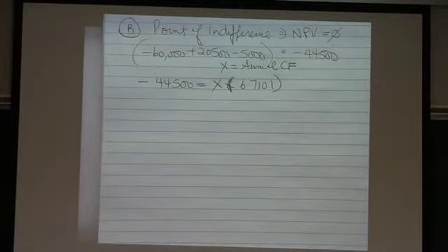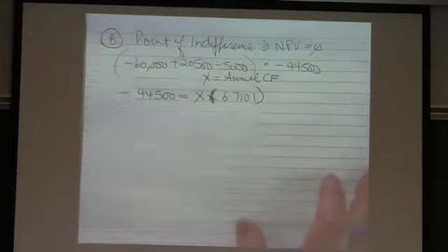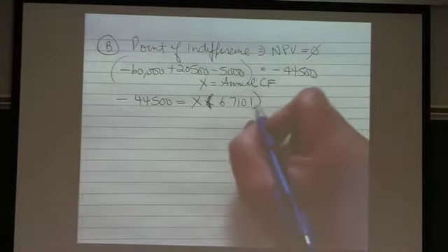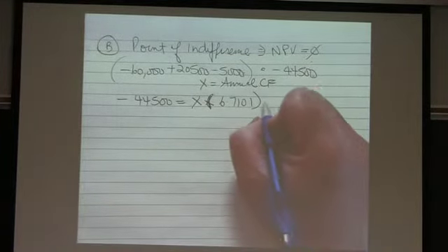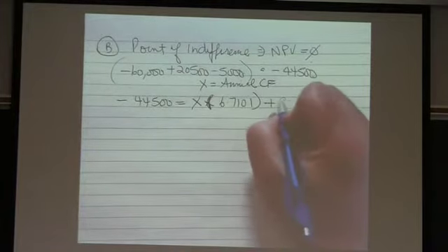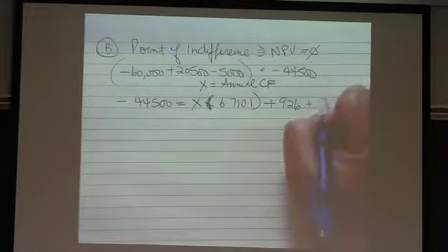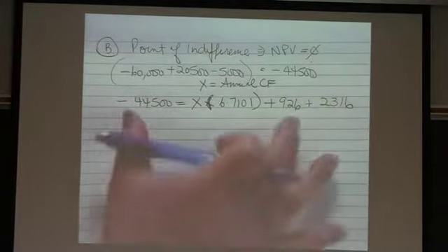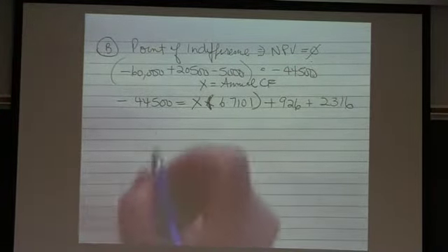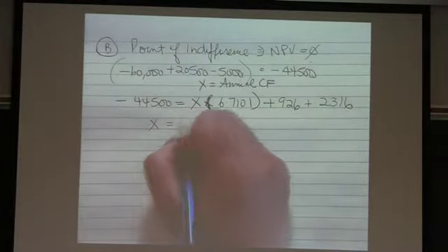All we want is to know the flexibility, how much the annual cash flow should be estimated. So here, we're going to actually add 926 and 2316. So we want those two to equal.